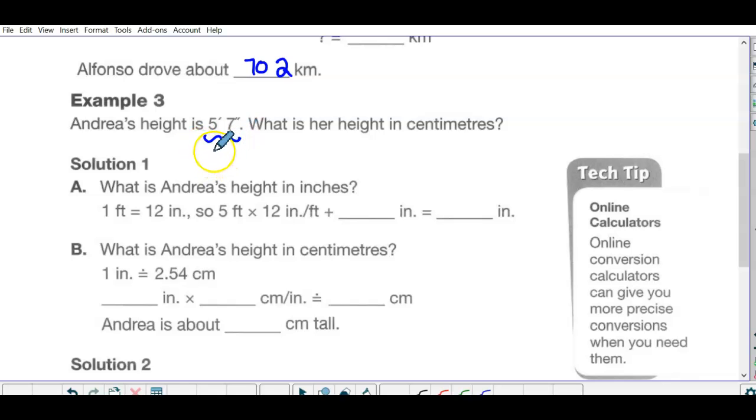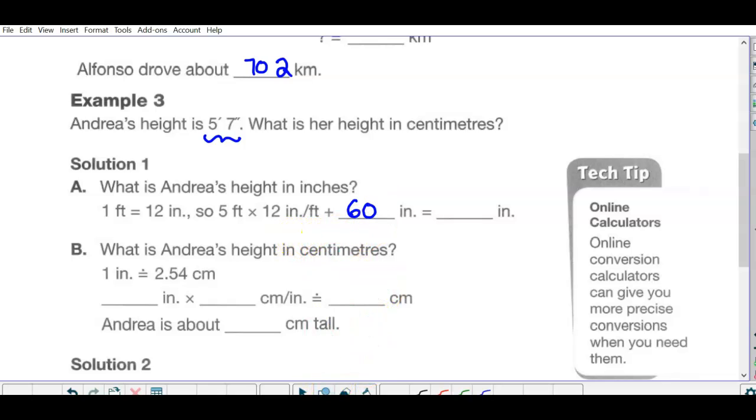This is kind of the reverse of what we did earlier in the chapter when we were converting from all inches to feet and inches. In any case, we know that each foot is 12 inches. We've got 5 full feet, so 5 times 12 is 60.